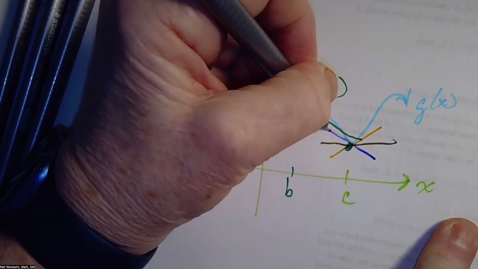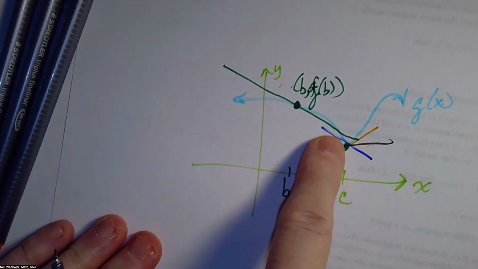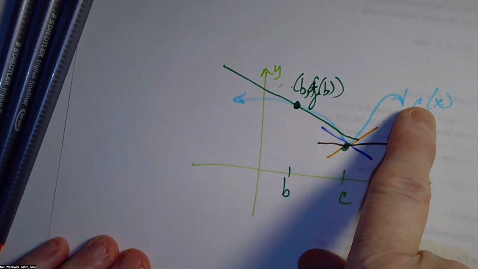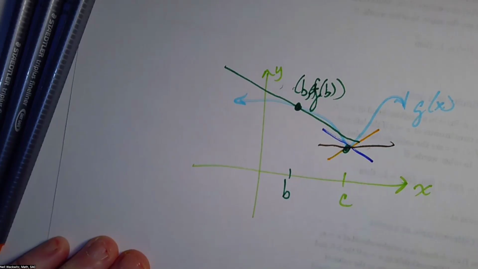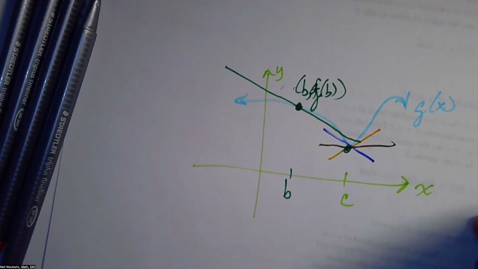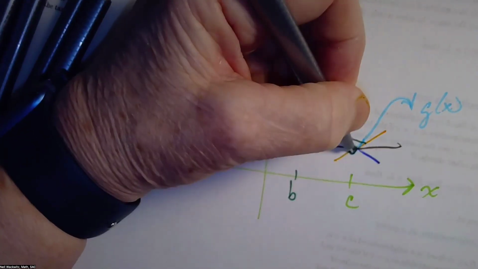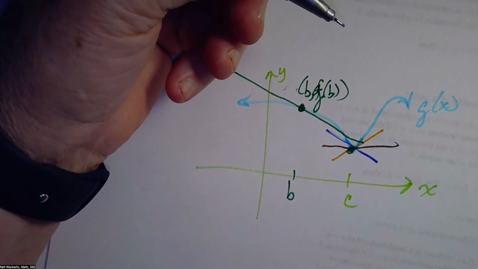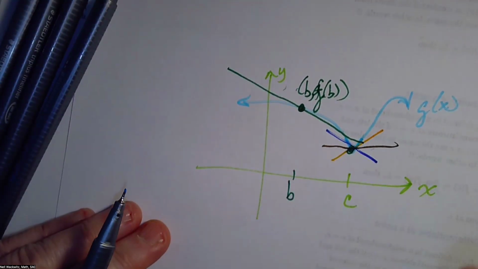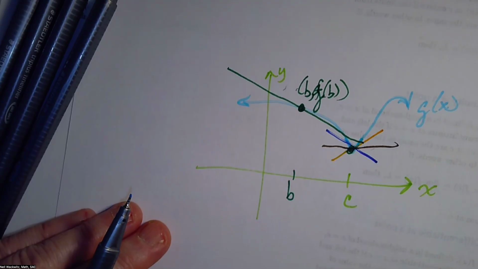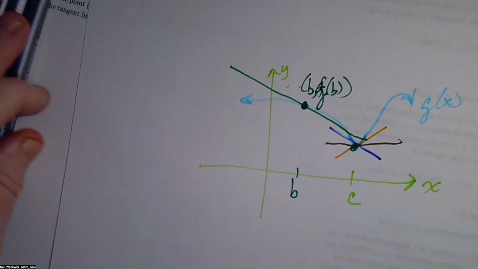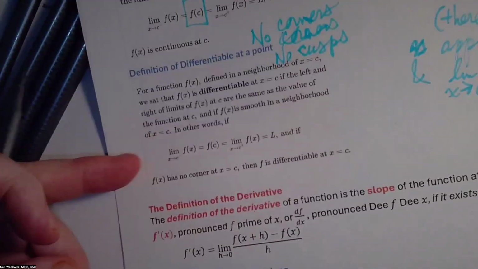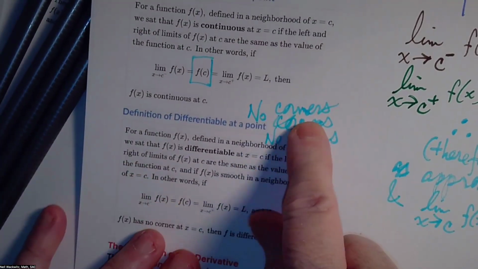Here's another line that also only touches g of x at c, g of c. In other words, if we have a corner, if we have a sharp turn, then we do not have a single tangent line, but infinitely many tangent lines. So that is why we can have no corners.